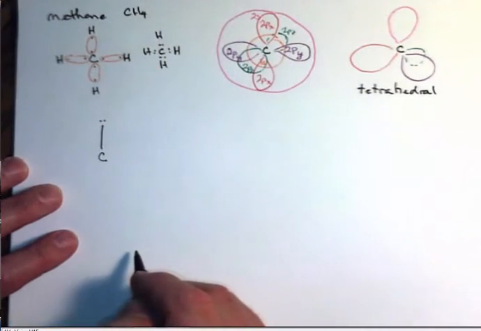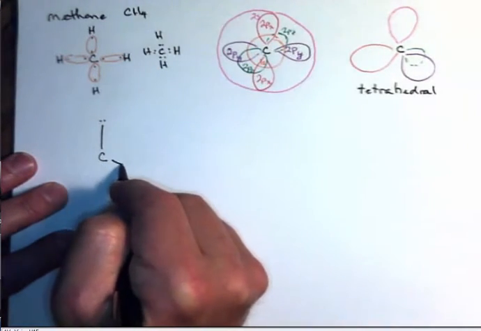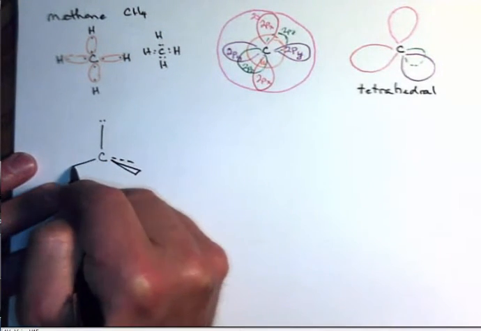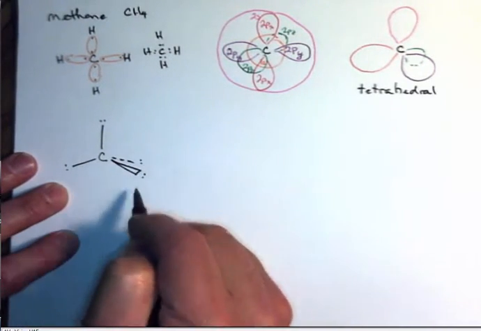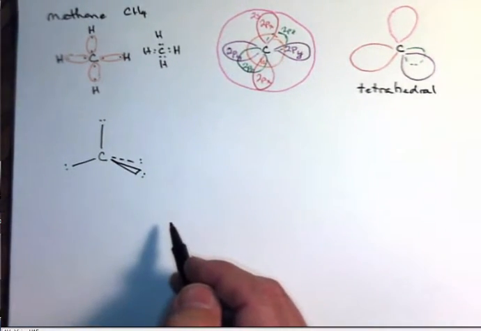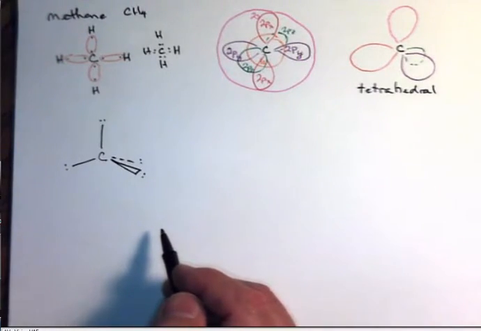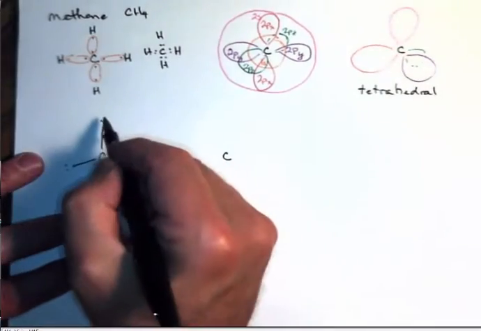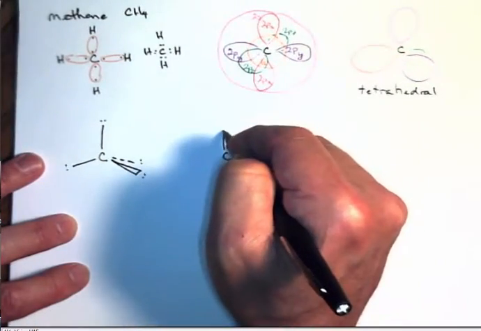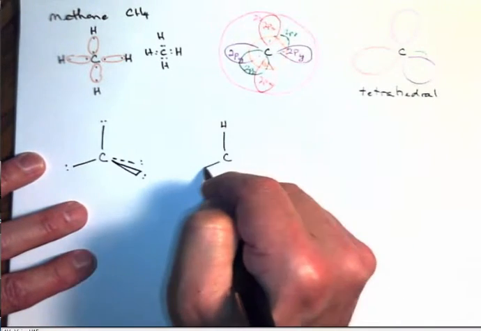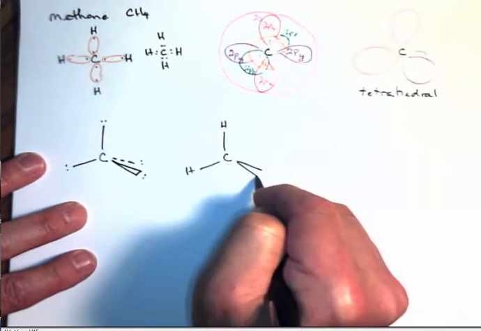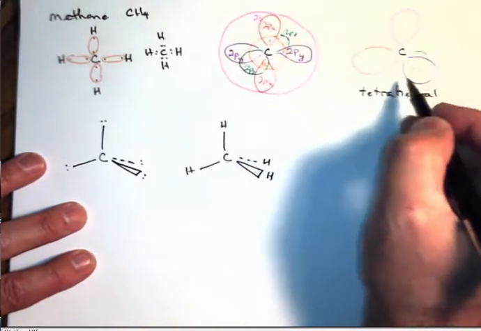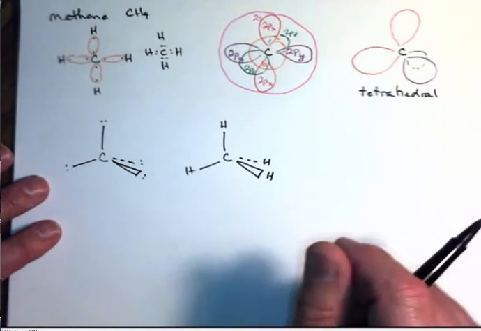We're going to start out by putting the pairs of electrons, and so we get a tetrahedral arrangement of electron pairs. We change that to the molecular shape by tacking on the hydrogens that are actually shared with those electrons, and we get a tetrahedral molecular shape that corresponds to this reshaping of bonds, this hybridization.